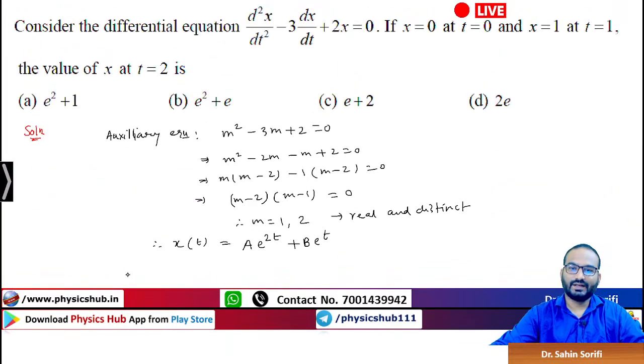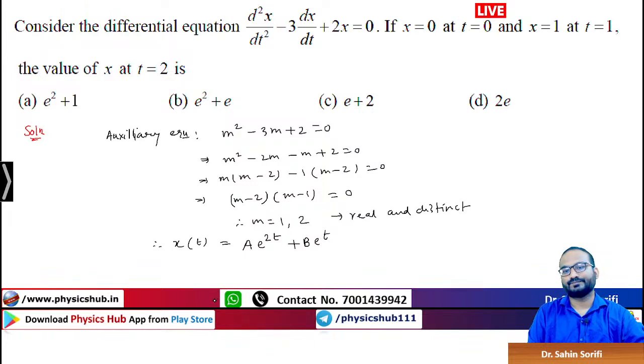Now what is given? At t equals to 0, x equals to 0. Given x at t equals to 0 equals to 0, that means a plus b equals to 0 or b is equals to minus a.